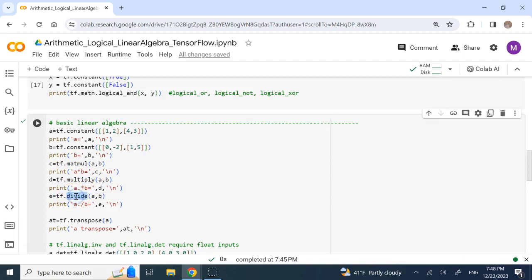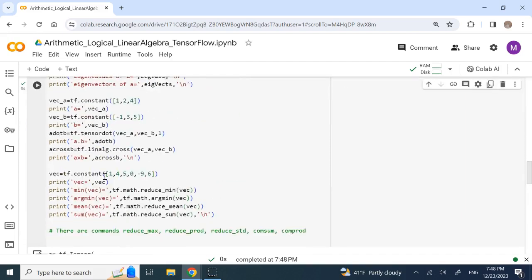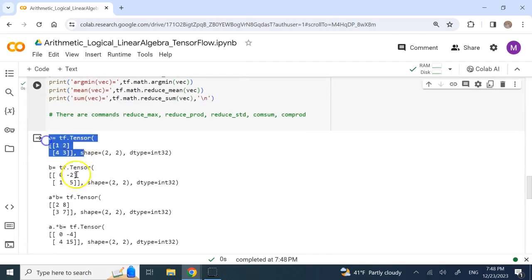And if you want to divide, of course, you have to divide element by element, and that's what this command divide is doing, okay? So here, if I run that for you, you see, that's matrix A, this is matrix B, this is the product. You see, if I multiply first row by first column, 1 times 0, 2 times 1, you get a 2, right?